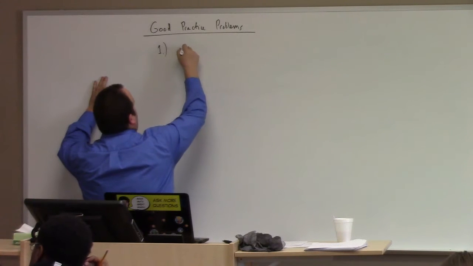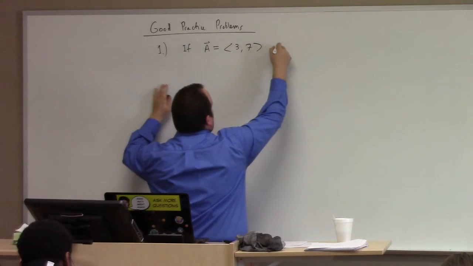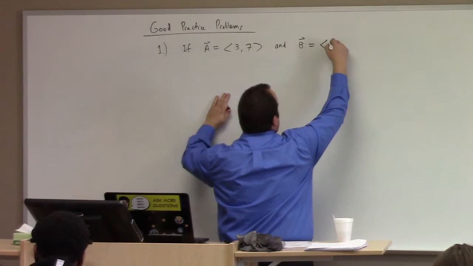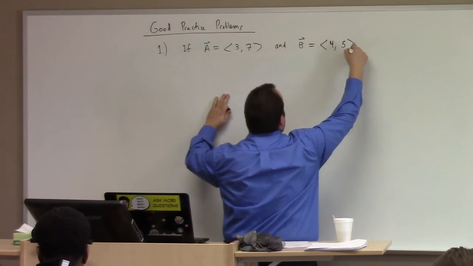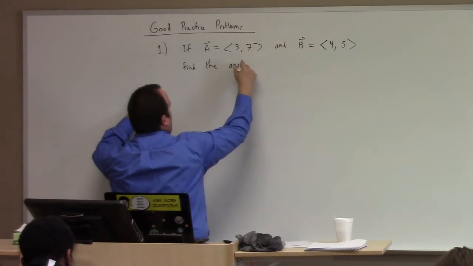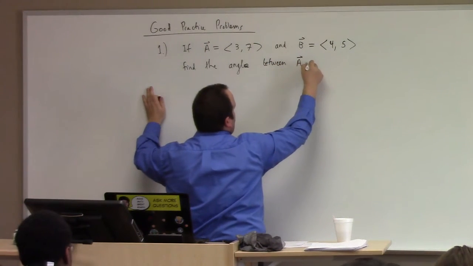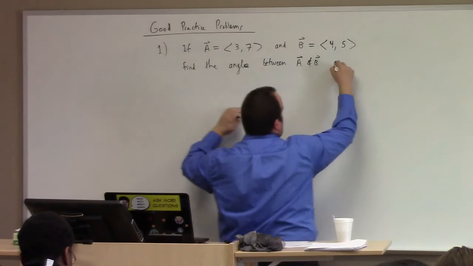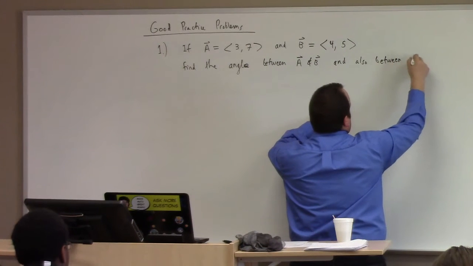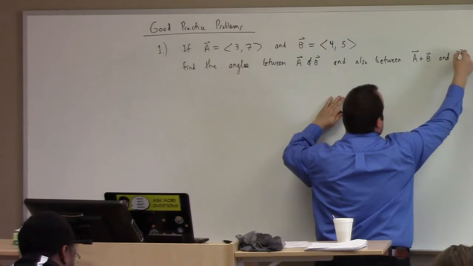If A is equal to (3, 7) and B is equal to (4, 5), find the angle between A and B, and also between A plus B and A minus B.